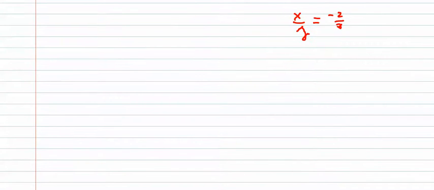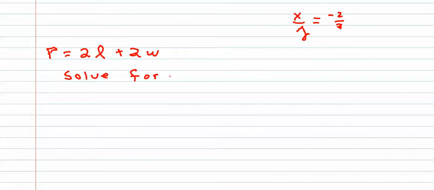Another example, and we're going to do 2 more, would be the perimeter of a rectangle equals 2 times the length plus 2 times the width. We want to solve this equation for W. So perimeter equals 2L plus 2W.